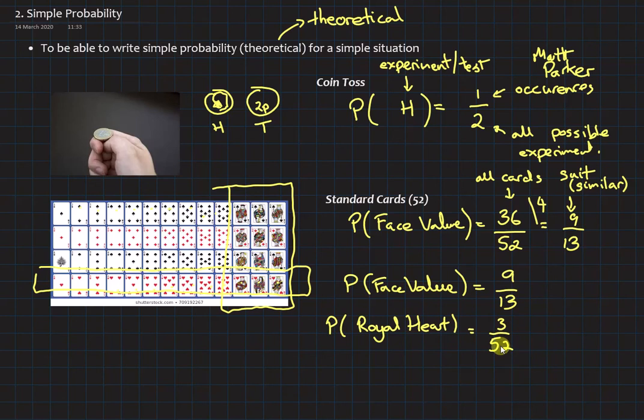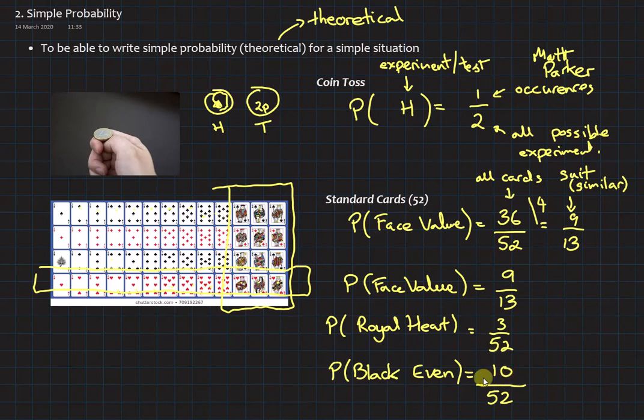You may get asked things like the probability of a black even. So we need to look through the deck of cards. There's 52 of them. And how many even ones are there? 2, 4, 6, 8, 10.